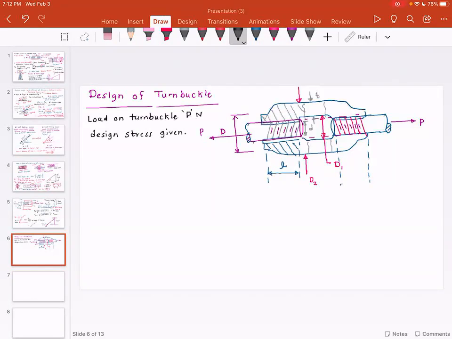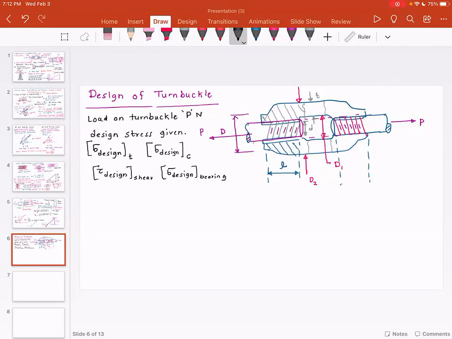If design stresses are not given, in other words, sigma design in tension, sigma design in compression, tau design in shear, sigma design in bearing, they will be given to you.